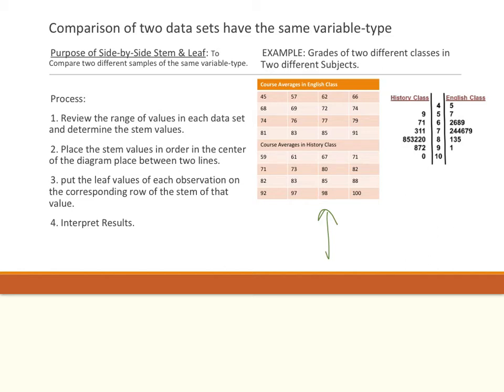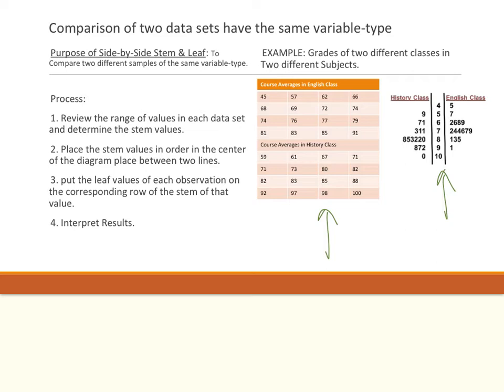We will place the stem values in order in the center of the diagram. So in this case, the center is here, and we will place the stem values there. We'll put two lines on either side. We have the history class on the left-hand side and the English class on the right-hand side. And then we put the leaf values for each observation on the corresponding row of that stem. And then we interpret the results.